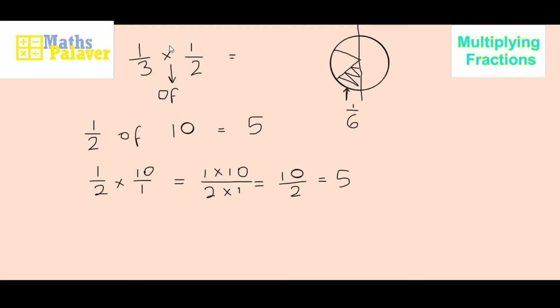That's the same as multiplying the top numbers here. 1 times 1 is 1. Multiplying the bottom numbers here, 3 times 2 is 6. So you see that to multiply fractions, you multiply the numerators, multiply the denominators, and then simplify when you can.